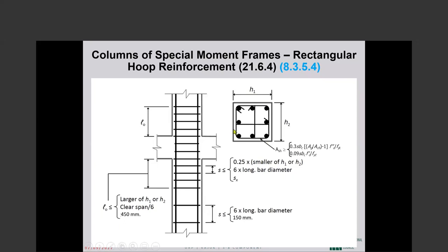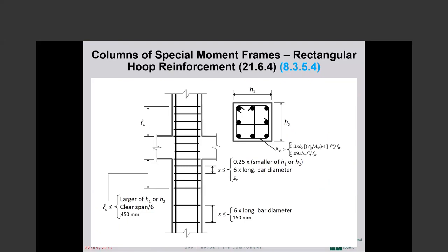The sum of the cross-sectional areas of these 3 legs, as well as the sum of the cross-sectional areas of this leg and that leg, must be equal to the area given by those 2 formulas, and the larger amount governs. So the minimum cross-sectional area of the transverse reinforcement must be no less than the larger value given by those 2 formulas.